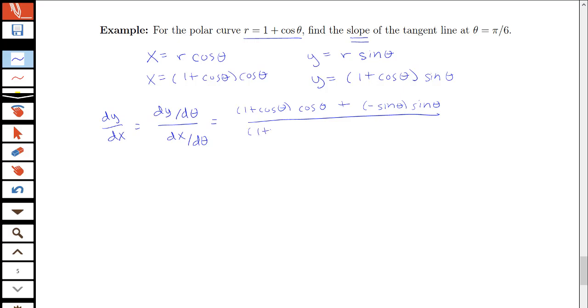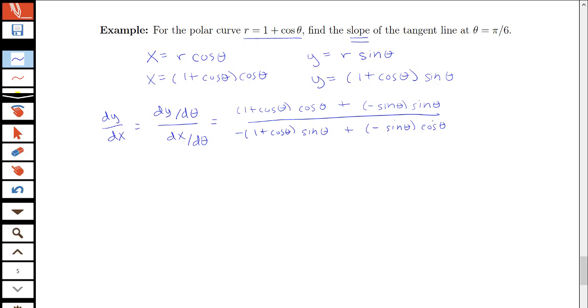So again, I'll have 1 plus cosine theta times the derivative of cosine theta, so that's negative sine theta, plus cosine theta here times the derivative of 1 plus cosine theta, so that'll be negative sine theta times cosine theta.